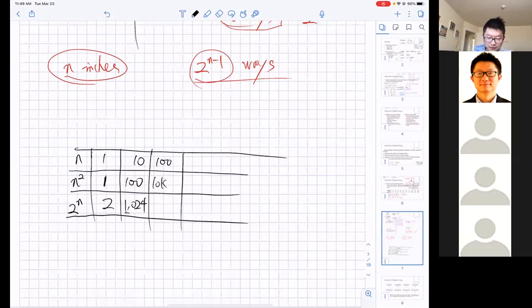So if 2 to the power of 10 is around 1,000, then 2 to the power of 100 is going to be roughly 1,000 to the power of 10. So it is like 10 to the power of 30.